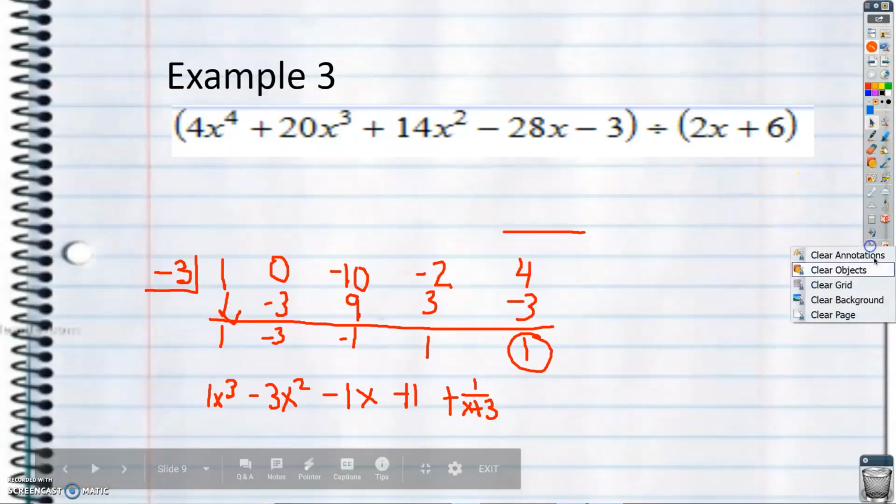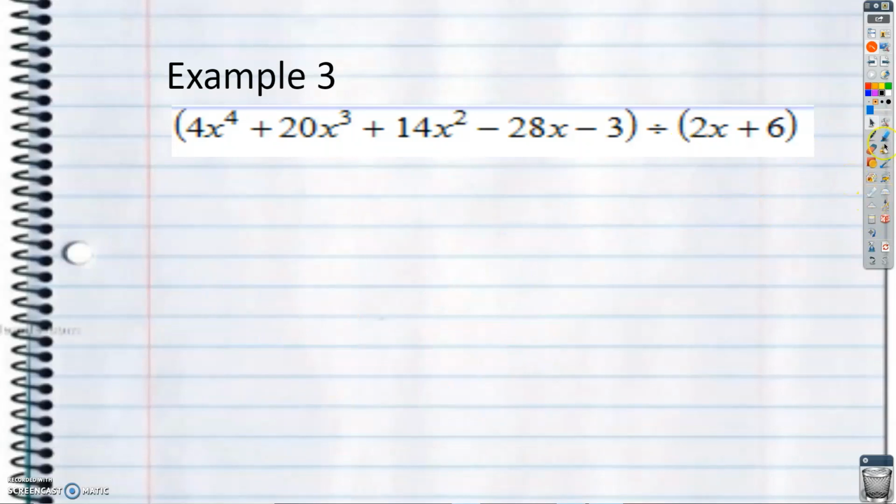So this one, example 3, is going to get a little more challenging, and the reason why is because if you look, x is not by itself. So I first have to factor something out, so then x is by itself. That means I'm going to be able to factor out a 2.